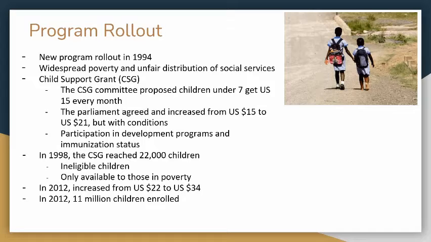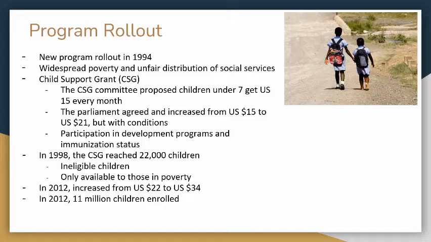In 1998, the first year the Child Support Grant went into effect, the grant only reached 22,000 children, because most were ineligible and the grant was only available to those who were in poverty.